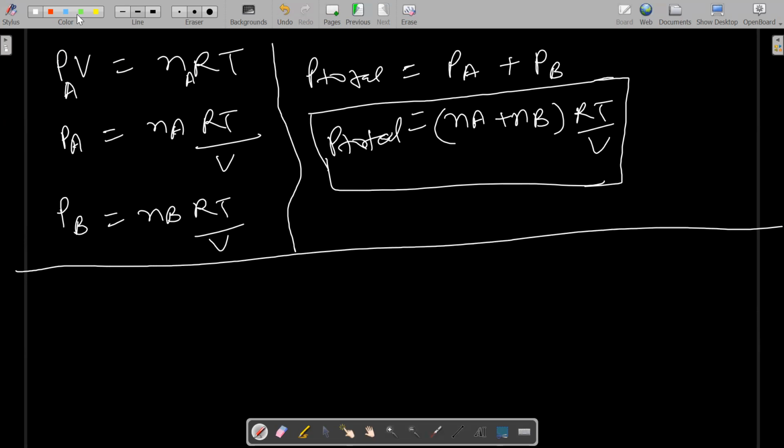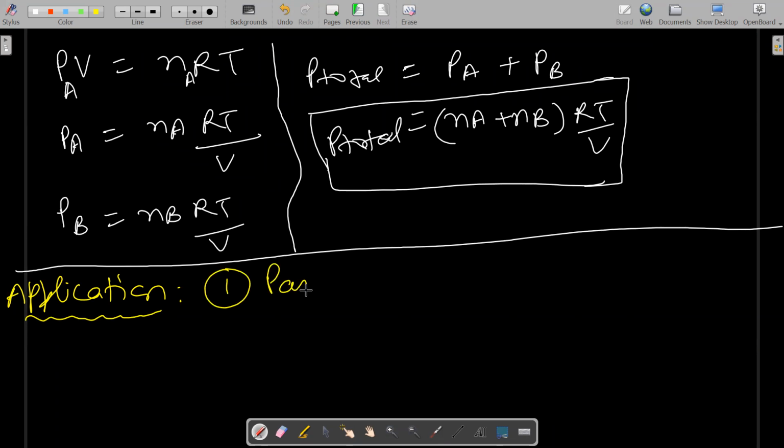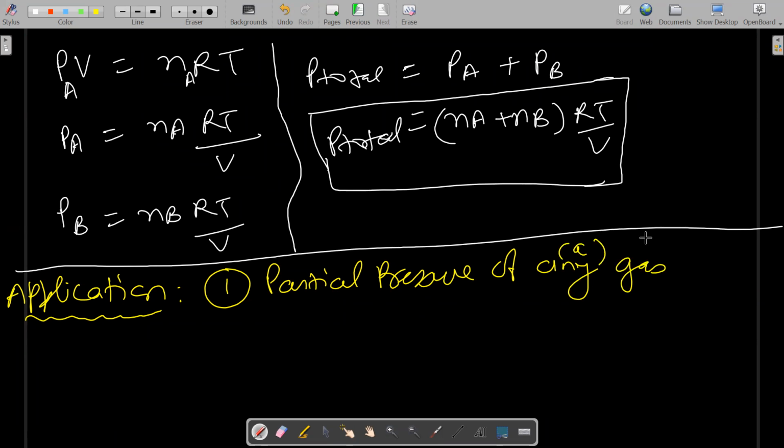Now I told you about the applications. What is the first application of Dalton's law? The partial pressure of any gas can be calculated using mole fraction.